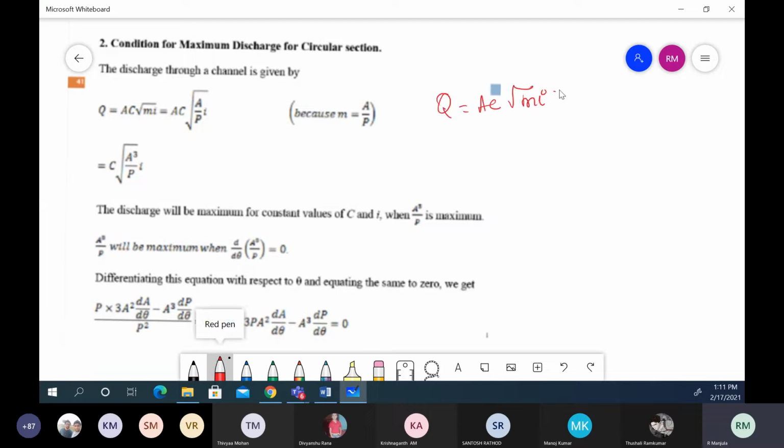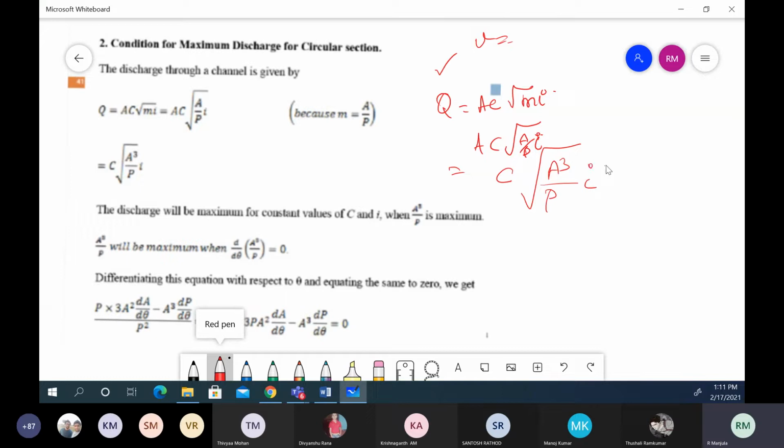You know this already. Now Q equals AC into square root of (A by P) into i. If you keep C outside and bring A inside, because we are going to discuss Q, whereas earlier we discussed velocity, this should be square root of (A cube by P) into i.